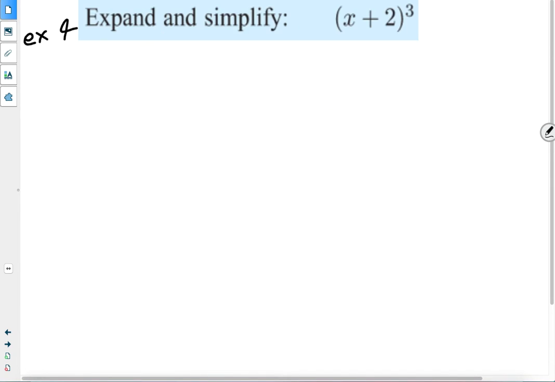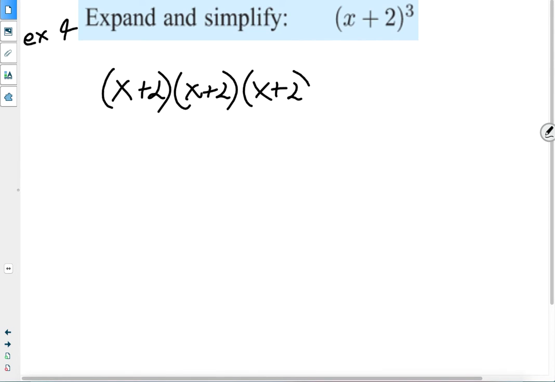Okay, let's look at another example here if we wanted to do x plus 2 cubed. So we know that x plus 2 squared could be written like this. So x plus 2 cubed is just multiplying by another x plus 2. So I'm going to solve a simpler problem, and I'm going to focus first on these 2 terms and multiply them out.